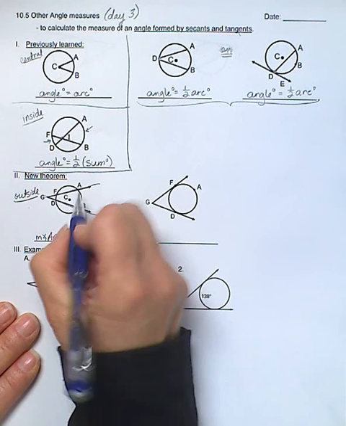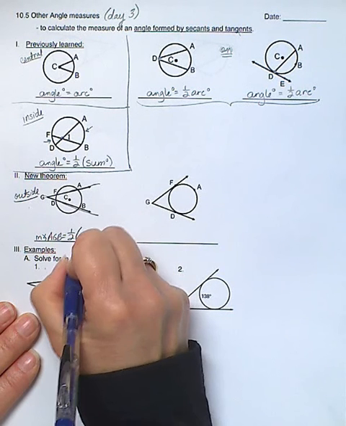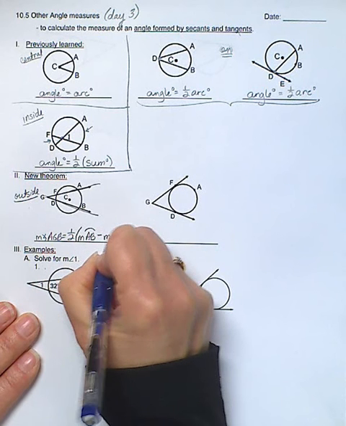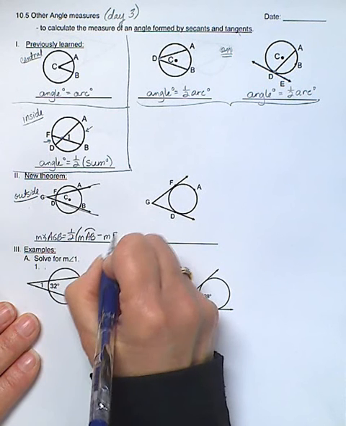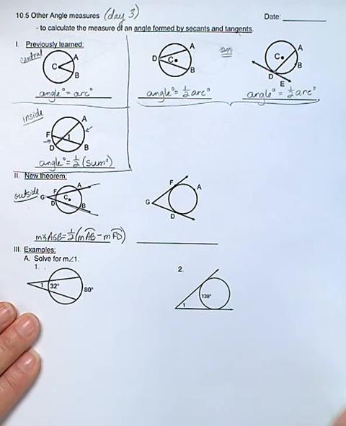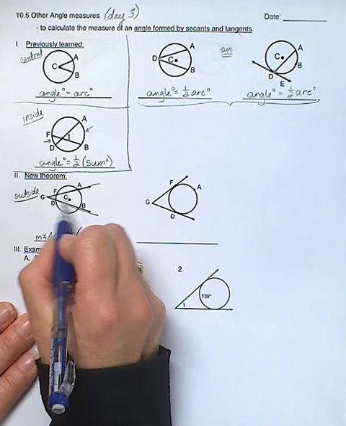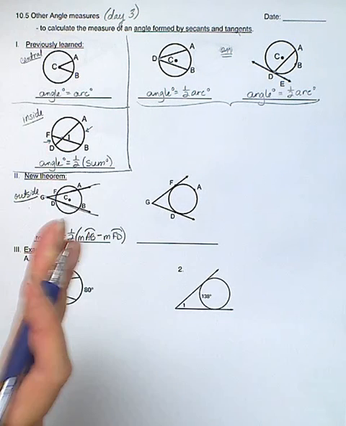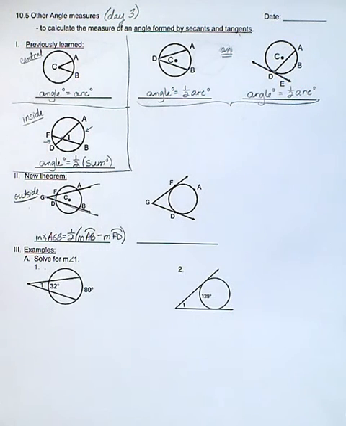Well, arc AB and arc FD. How do I know which one goes first? The bigger one. Well, how do you know which one's bigger? It's the one farthest away from the vertex. That's because your angle is opening up, and as you go away from the vertex, it's going to get bigger.